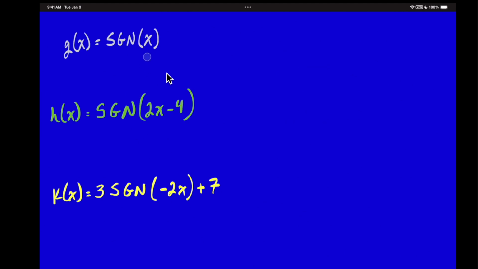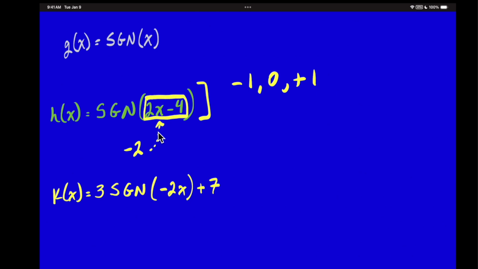Here, the final y value is still going to be negative 1, 0, or positive 1. However, it's not going to be as straightforward. In other words, when you input an x value, say an x value of negative 2, you have to have this inside function work on this and determine whether this final result is positive or negative.